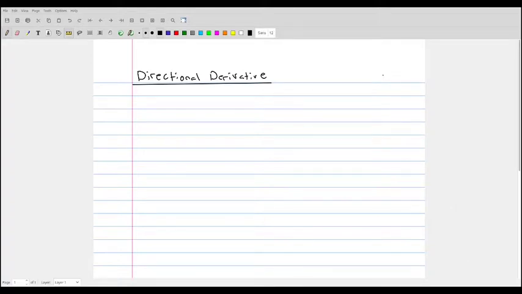Now, the directional derivative is going to be based on something we've seen before, coming from the chain rule.